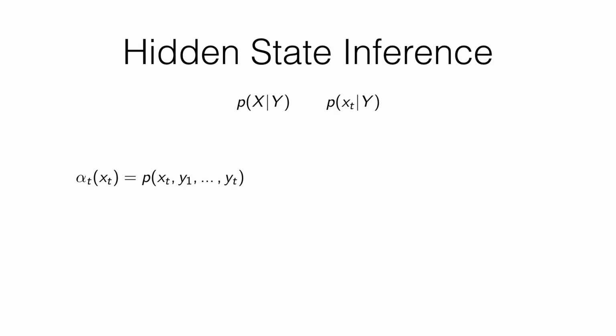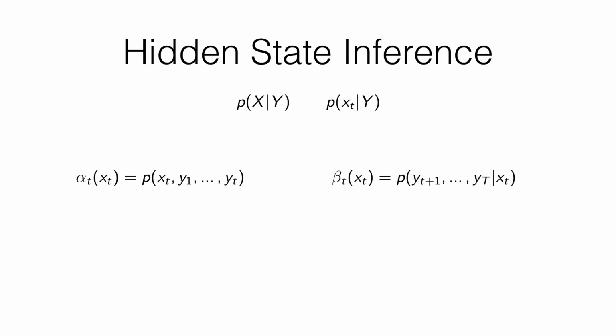So we'll consider these as a key part of our inference procedure, and then we'll also consider the other piece of the puzzle, which we're going to call betas, which are the conditional probability of all future observations. So it's the probability of yt plus 1 all the way to y capital T, so all the future observations, given the current state.